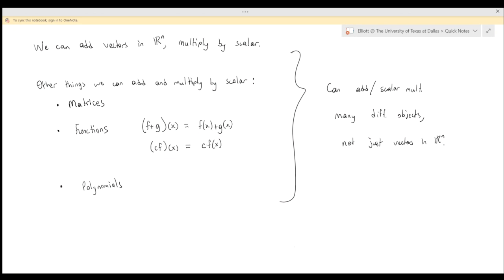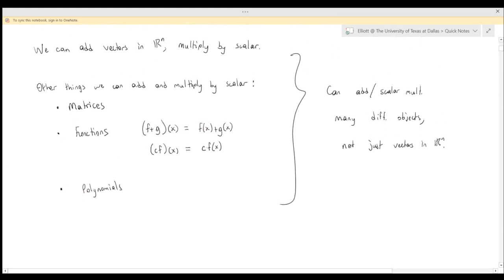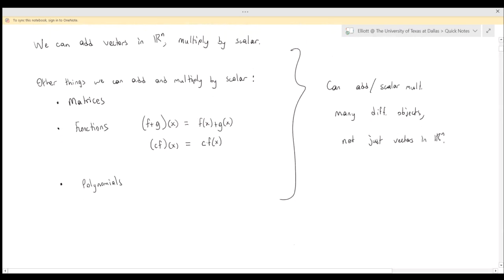And so that's kind of what we're doing with a general vector space. So we think of a general vector space as simply being a prototypical object consisting of things that we can add and scale and multiply.